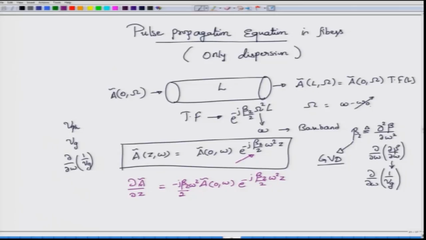Now, you quickly realize that this entire term, A of 0 omega multiplied by the transfer function, is simply the Fourier transform of the pulse at z itself.